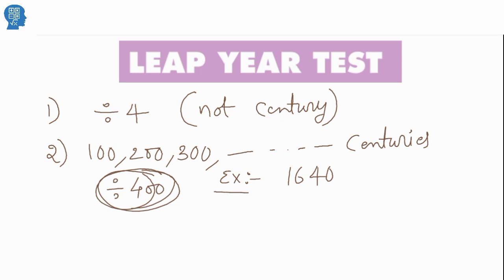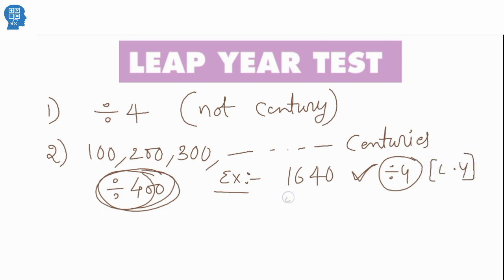Century, how to identify? If you find two zeros at the last, that is called a century. But in 1640 we don't have two zeros at the last, so it is not a century. If it is not a century, you have to divide by 4. Yes, it is completely divisible by 4. So we can say it is a leap year.